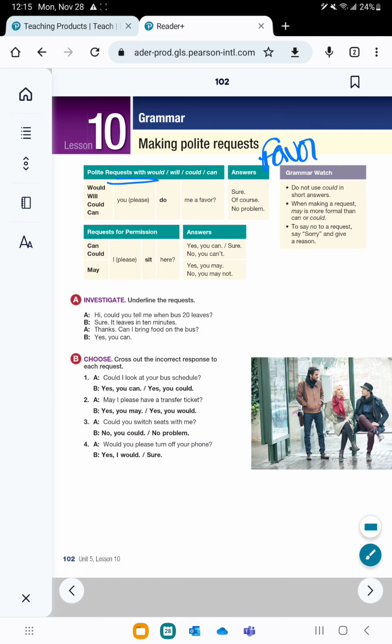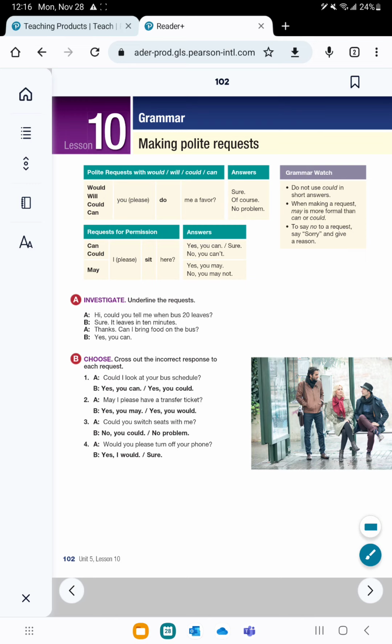Notice that unlike the permission, which says could, may I do something, a verb, in the polite request, we say would, will, could, can, you, our verb, and then whatever you're asking. So that's the biggest difference between the polite request, we say could you, and if it's permission, we say I.